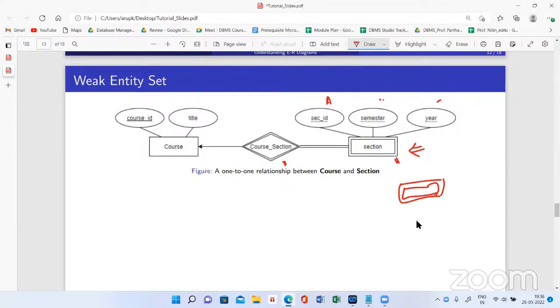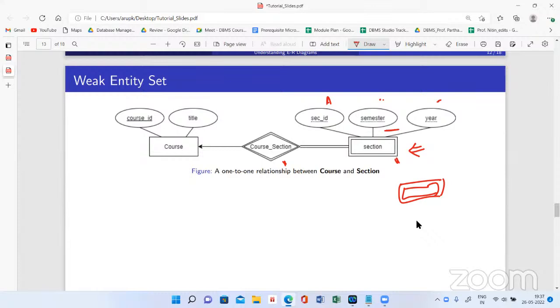So what is this dotted underline? It is not a solid underline. This is called a discriminator or a partial key. This identifies a group of entities, not each entity.